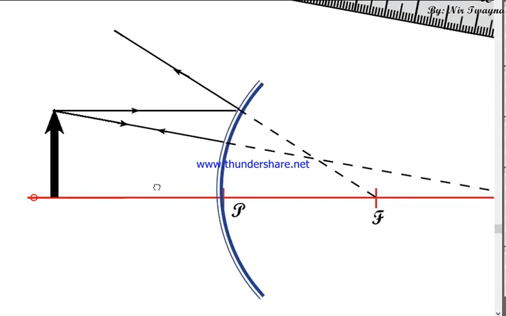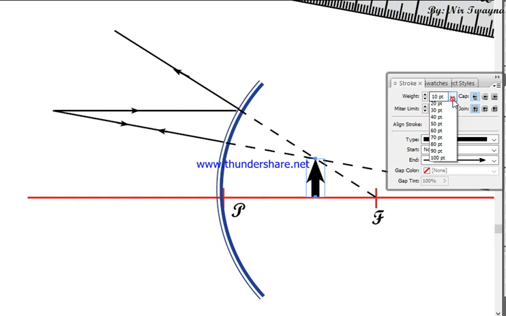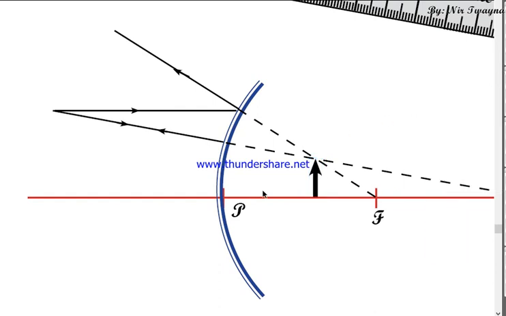That's why the image will be formed at this very point.